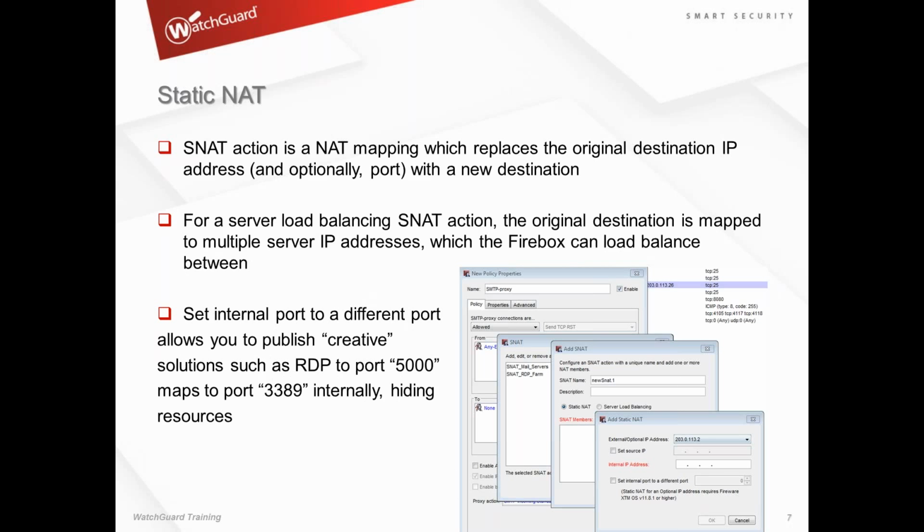While, from a security standpoint, I don't recommend at all publishing any RDP resources, what you can do is hide some of your 3389 resources and publish them out as 5000. Again, not a security measure at all, but it allows you to have some more creative solutions. So again, while I don't recommend doing this, that is one use case scenario that you could use for port forwarding.